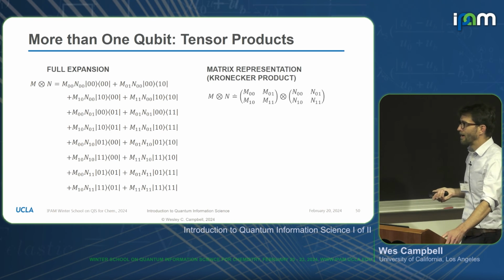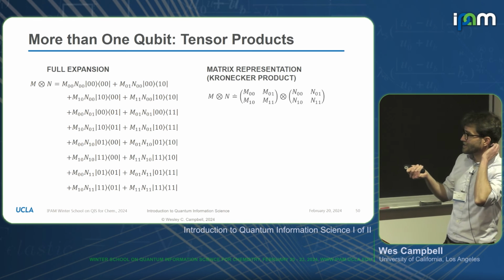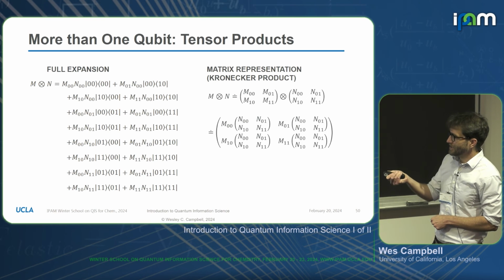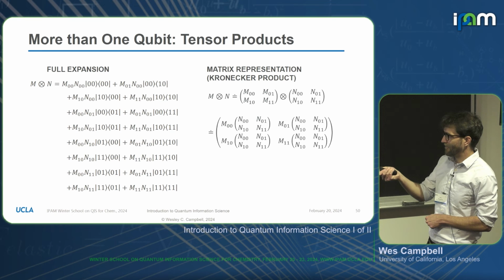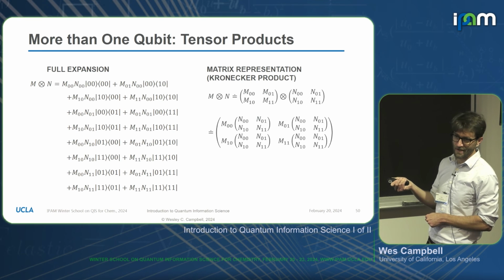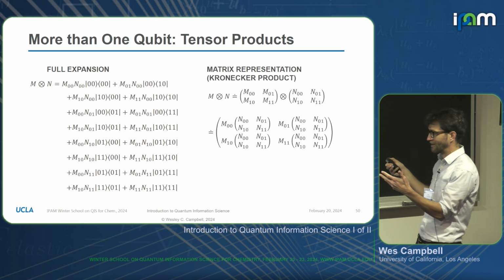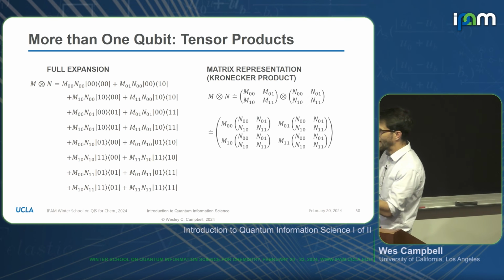So the Kronecker product, if you want to think about what this looks like in terms of a matrix representation instead of this bra-ket abstract thing, what you do is you take the first matrix and the first element of it and you multiply it by the entire second matrix. That is the top left four entries of the resulting matrix that represents the tensor product of the two operators.